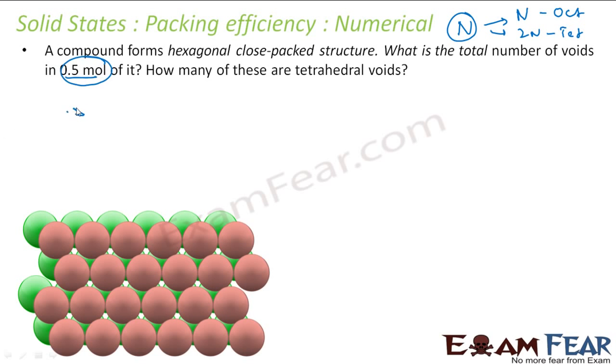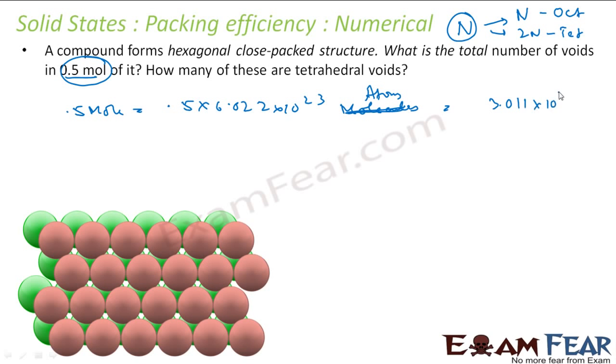So 0.5 mole means 0.5 × 6.022 × 10^23 molecules or atoms. Right? Number of atoms. You can take any of these, doesn't matter. This is nothing but 3.011 × 10^23 atoms. So we have these many atoms.